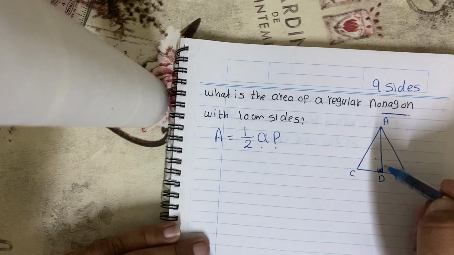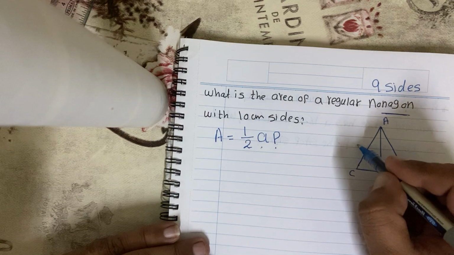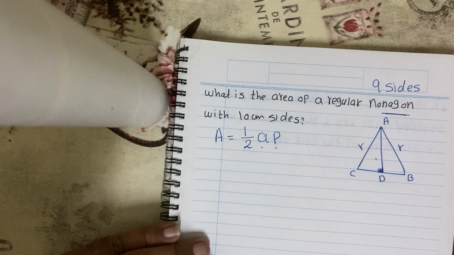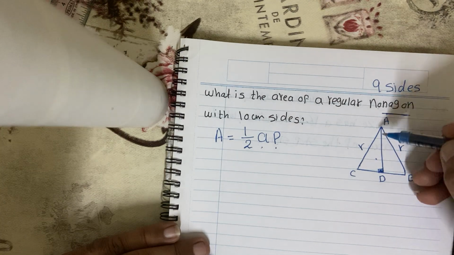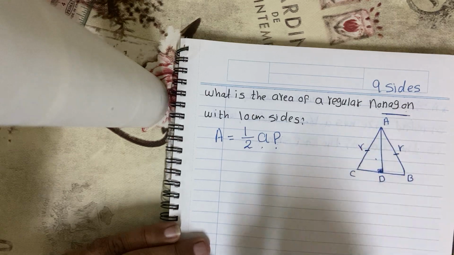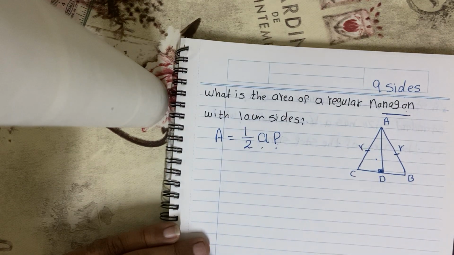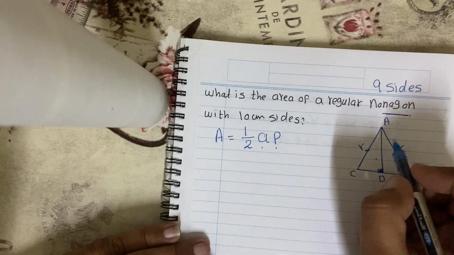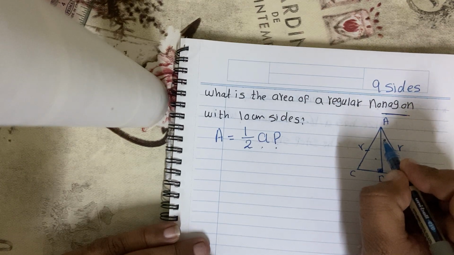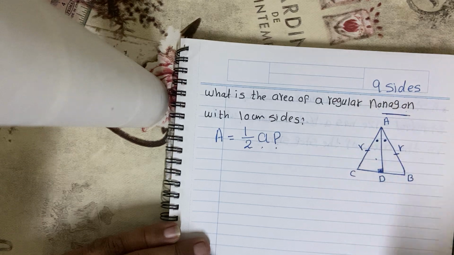We need to find AD. AC is a radius and AB is also a radius of the nonagon. So this triangle is isosceles, and since this triangle is isosceles, this angle will equal this angle.